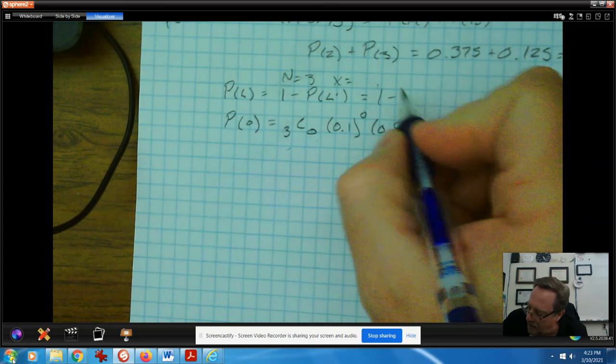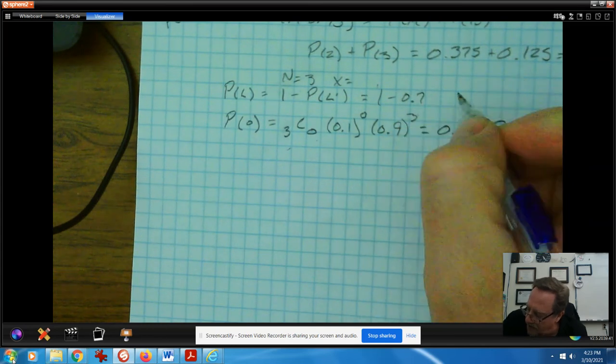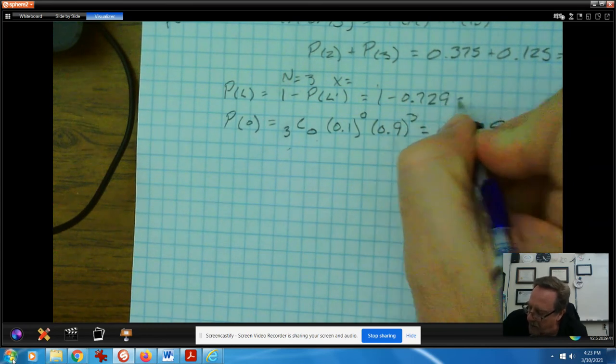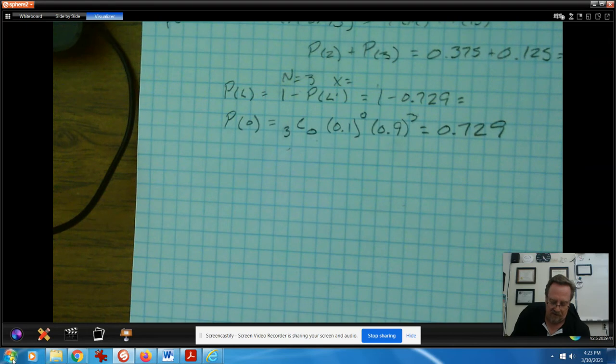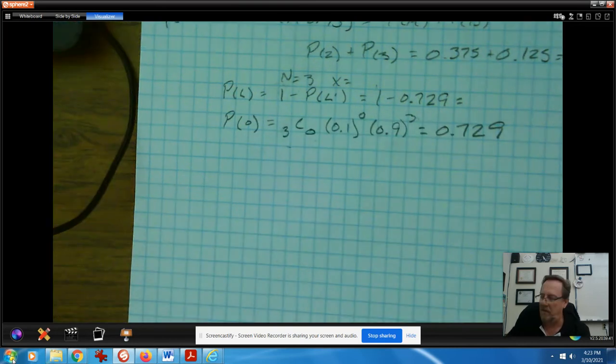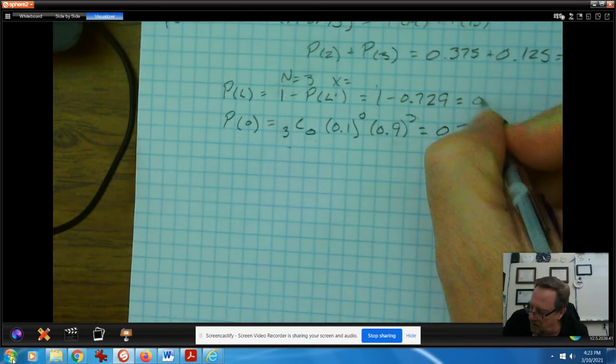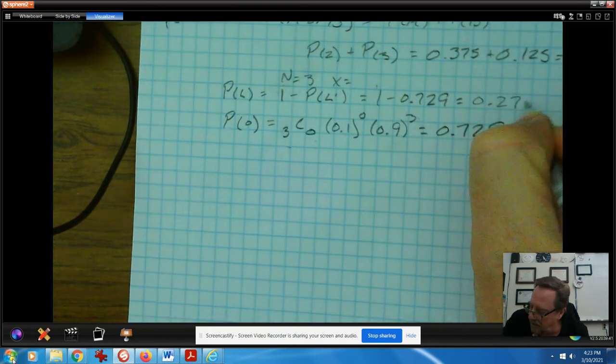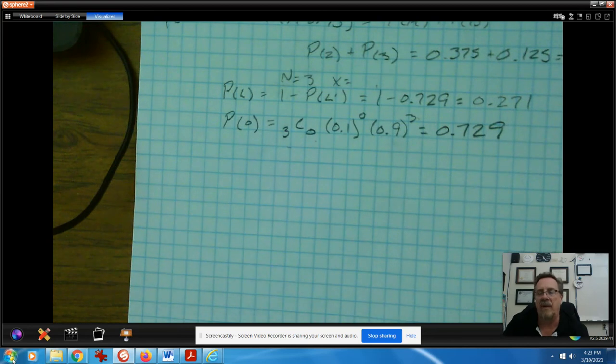So 1 minus 0.729. 1 minus the answer gives me a probability of 0.271. Probability that at least one of them is going to be left-handed.